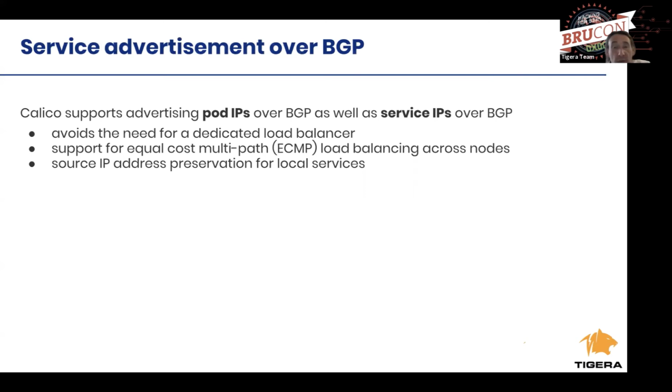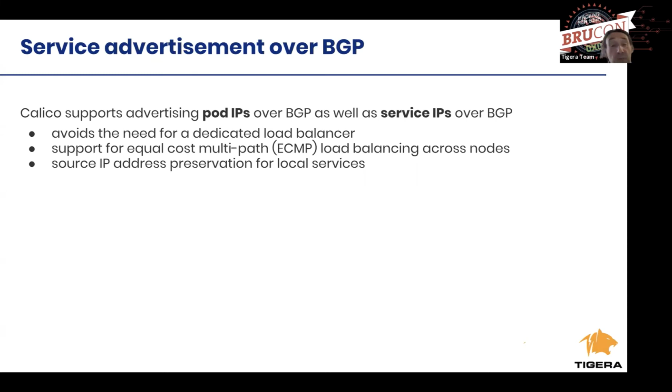Another way to make our services accessible outside of the cluster is through what is called service advertisement over BGP. When you deploy Kubernetes on-premise, typically, you can configure Calico to do BGP peering with your network infrastructure, which by default is not the case.